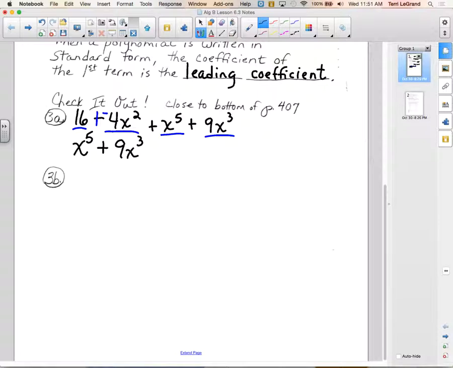Which one's next? Plus a negative 4x squared. And that leaves us, last but not least, our constant of 16. Okay. So if it was a 4-term polynomial, it better be a 4-term polynomial when we're done rearranging it also.